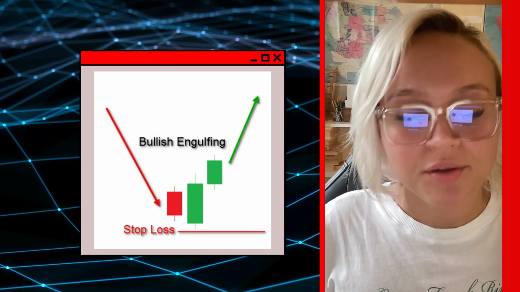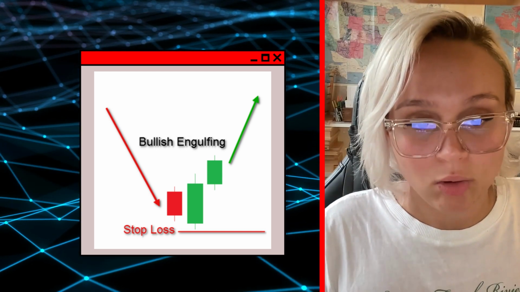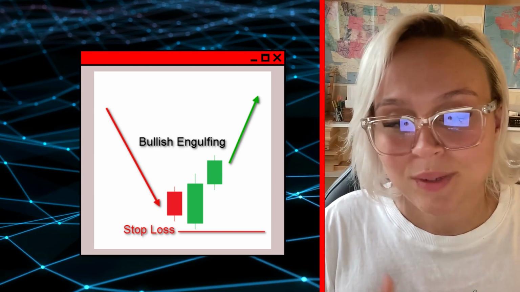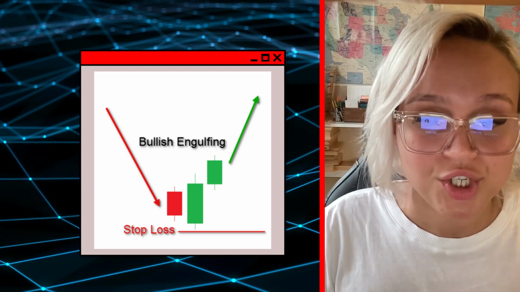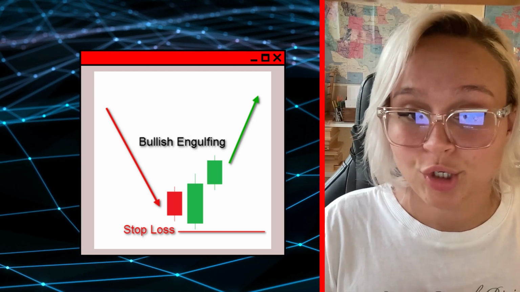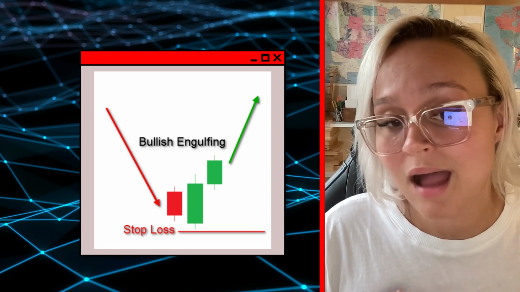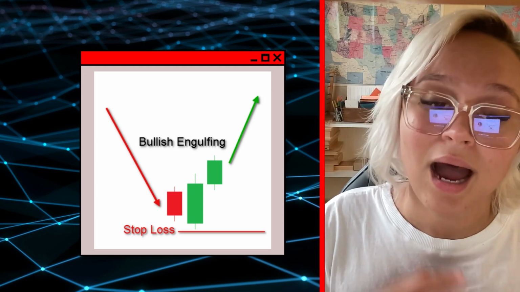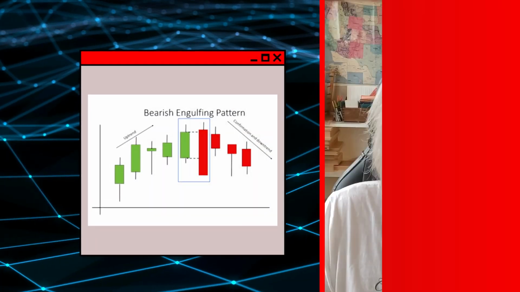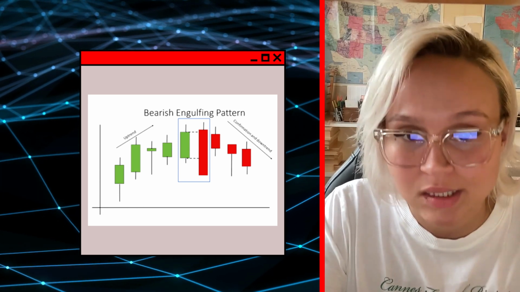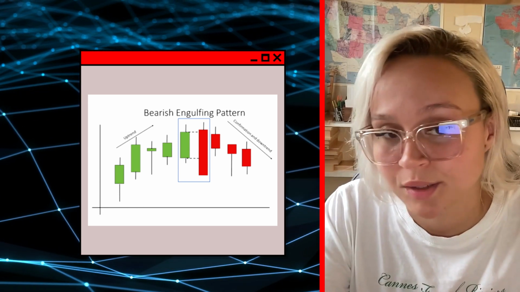In this scenario, you can see a bullish engulfing play out. The price came all the way down and formed the bullish engulfing scenario. You could have made a buy position with your stop loss 10% below it and your take profit all the way up. And here is a very great example of a bearish engulfing pattern.